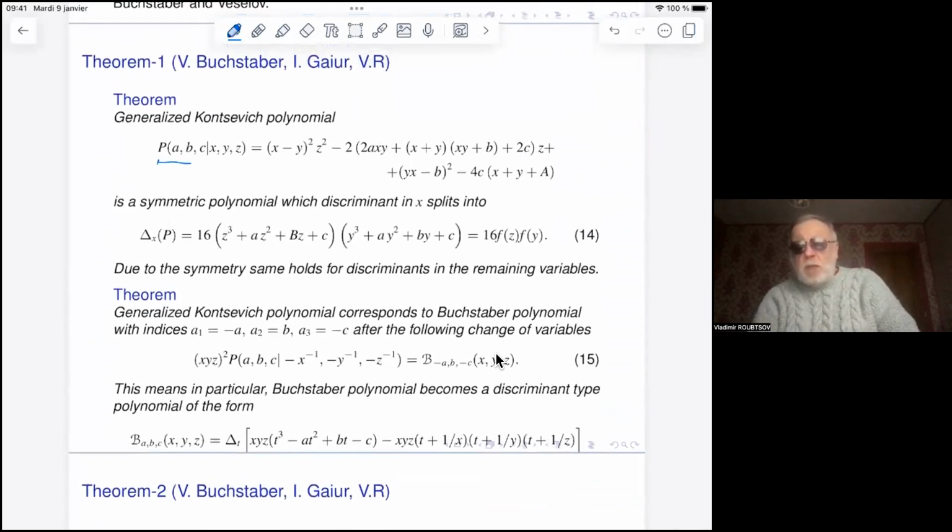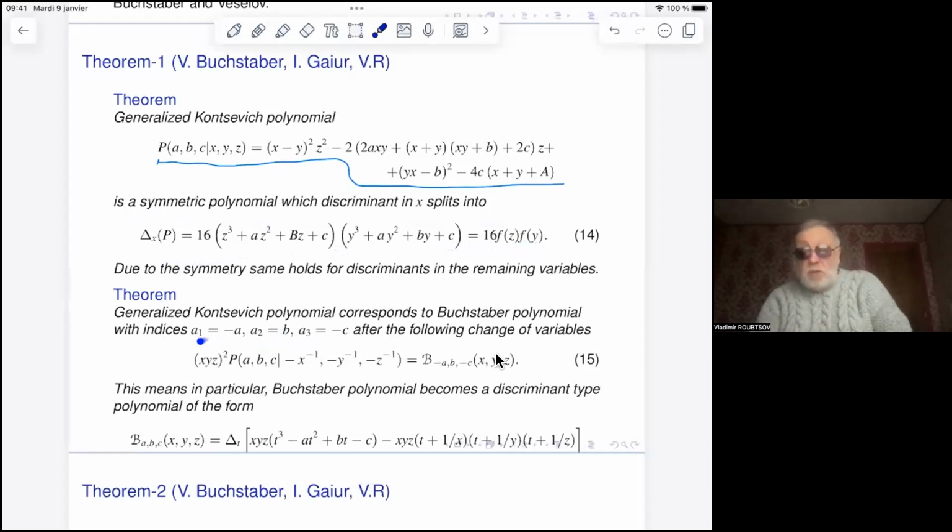If we have this generalized Kontsevich polynomial, it is, as I told you, strongly factorized, strongly split in each variable if we take its determinant, and then we can make the change of variables minus 1 over x, minus 1 over y, minus 1 over z, and change of parameters a1, a2, a3 by minus a, b, and minus c.